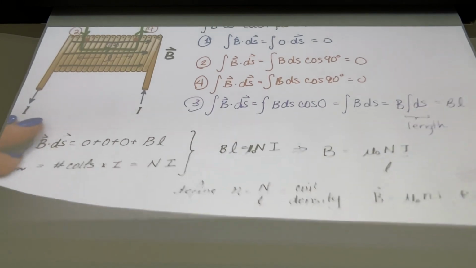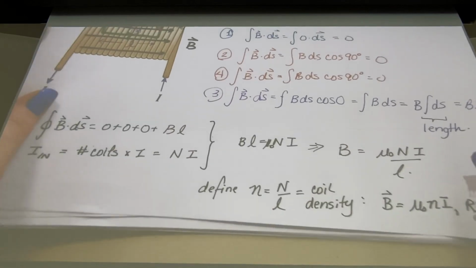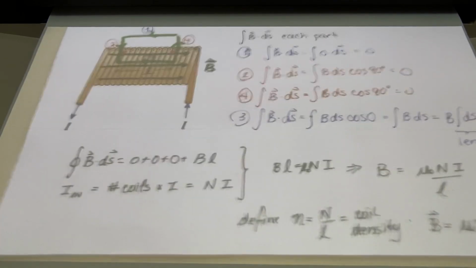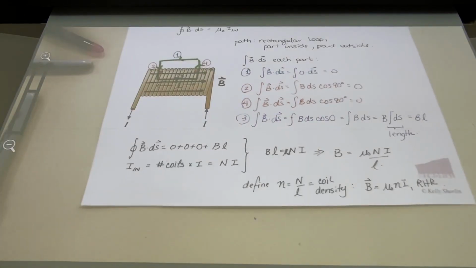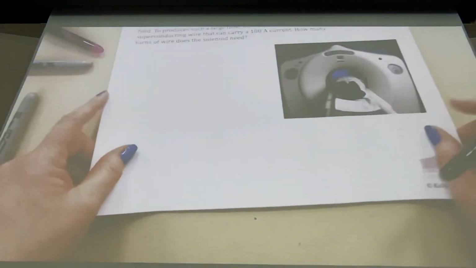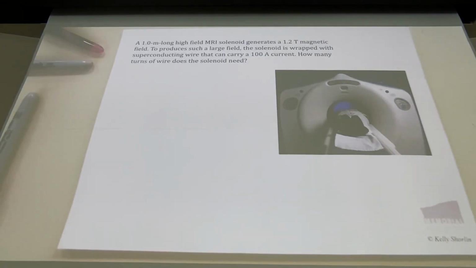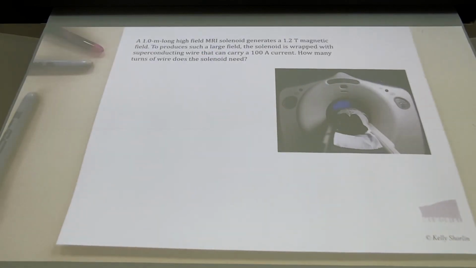So we definitely have time for some examples. An example of a solenoid that probably most people have heard of would be an MRI machine.